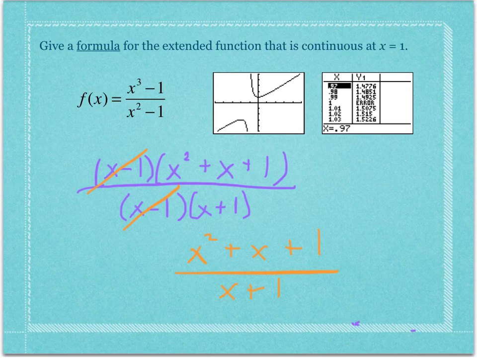That's called the extended function because notice at x equals 1, this thing will be defined. This will not go bad when x equals 1. And we could figure out specifically what the value would be, but the idea is that this is an extended function right here. I can write it like that. And this can help me figure out some discontinuous points on some of the problems I'm working on here.